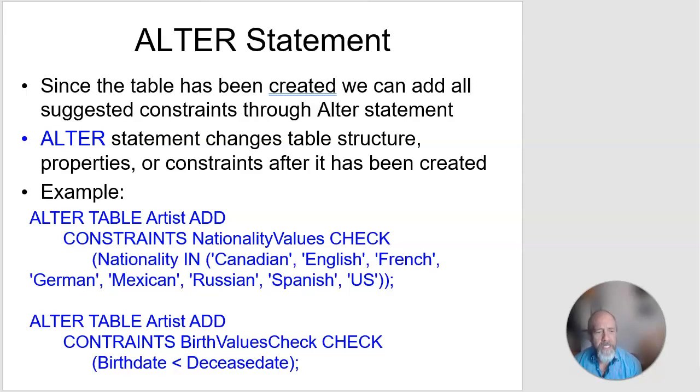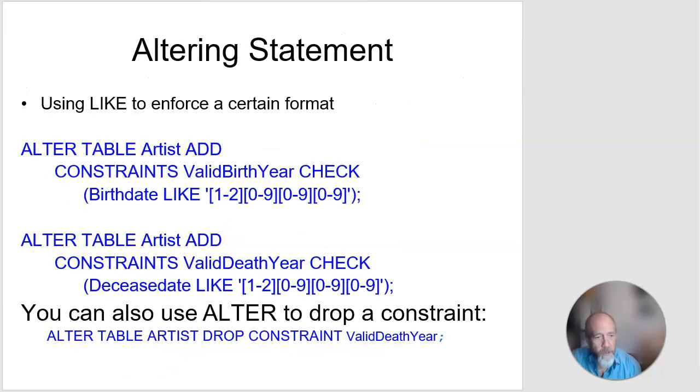Another one here, and you can see in this case, because the birth date and deceased date are both dates, and dates can have less than, greater than, and equals, we can set up a constraint to say the birth date must be before the deceased date. Those are good types of constraints that you can throw in there.